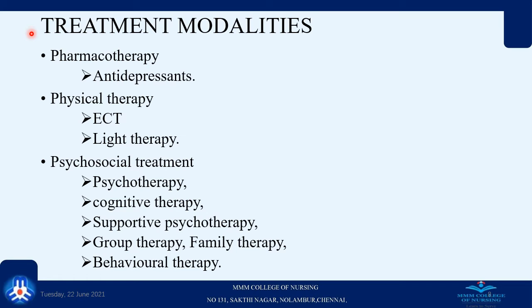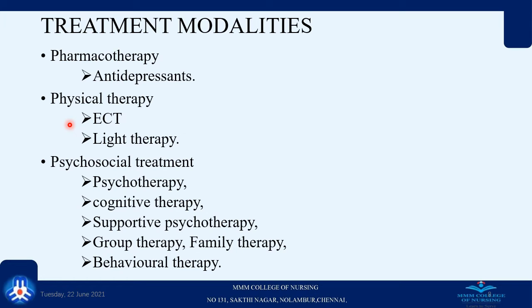Treatment modalities, pharmacotherapy. Antidepressants are given: tetracyclic antidepressants, selective serotonin reuptake inhibitors, newer antidepressants, and sometimes monoamine oxidase inhibitors are also given. Physical therapy: electroconvulsive therapy is given to patients who have suicidal ideation, also with psychotic symptoms.